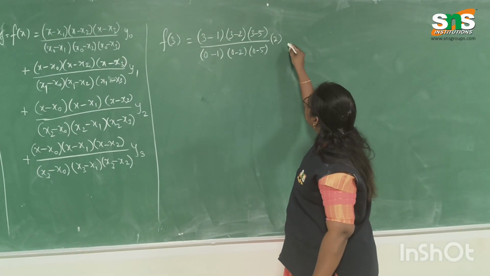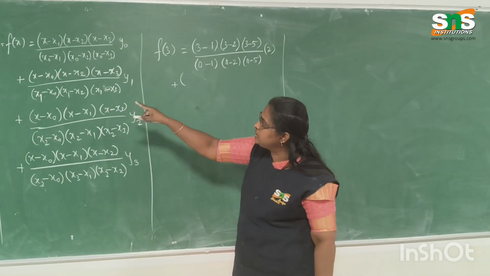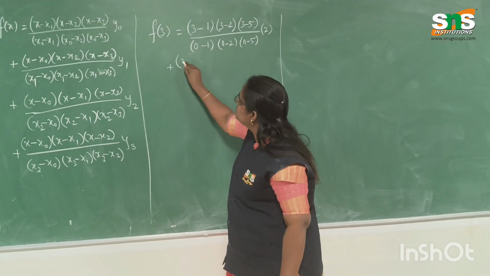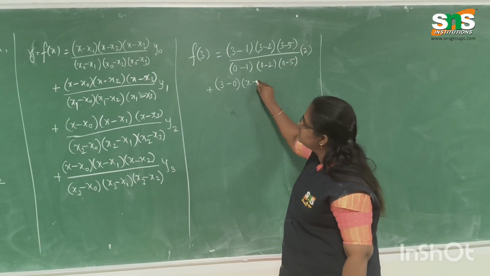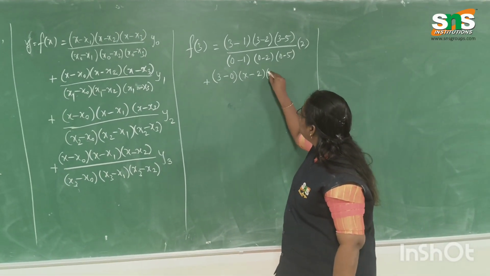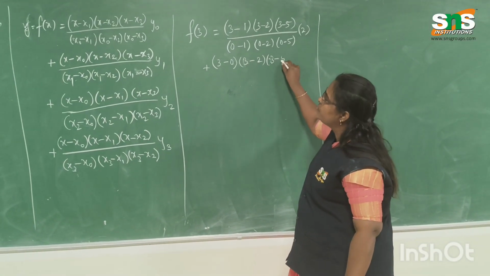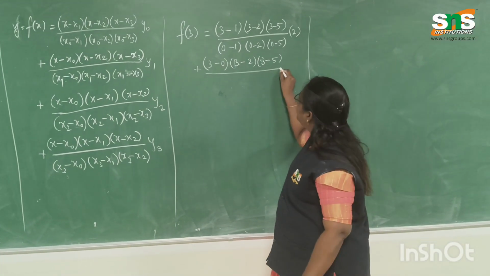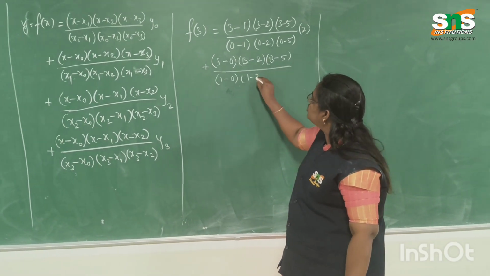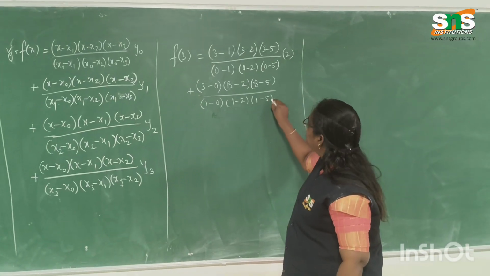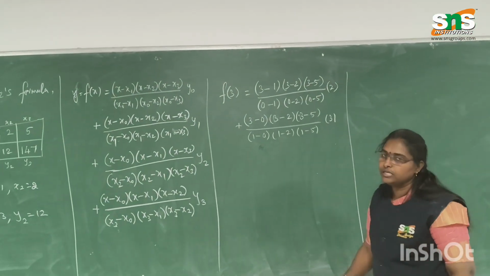Multiply that by 2. Next, x minus x0: 3 minus 0, 3 minus 2, and 3 minus 5, whole thing divided by x1 value 1, so (1 minus 0)(1 minus 2)(1 minus 5), and the corresponding y1 is 3.